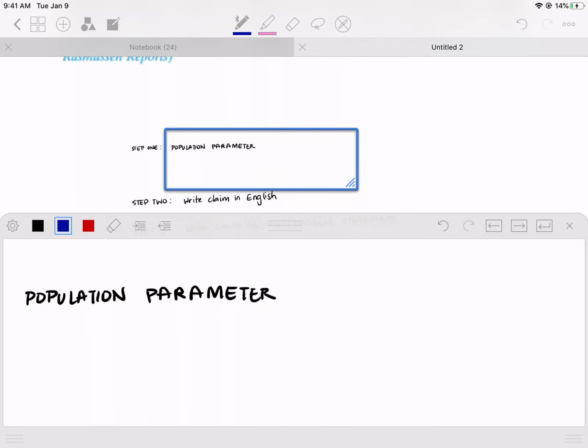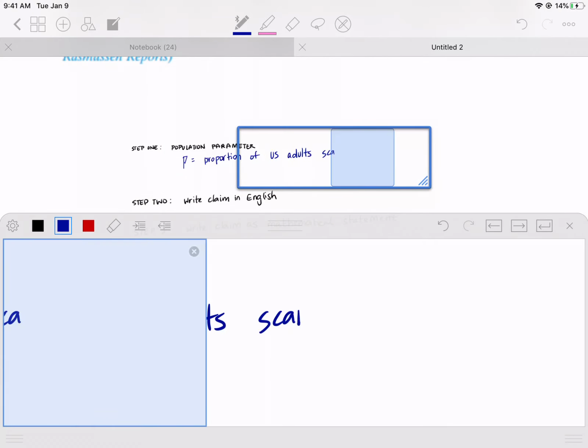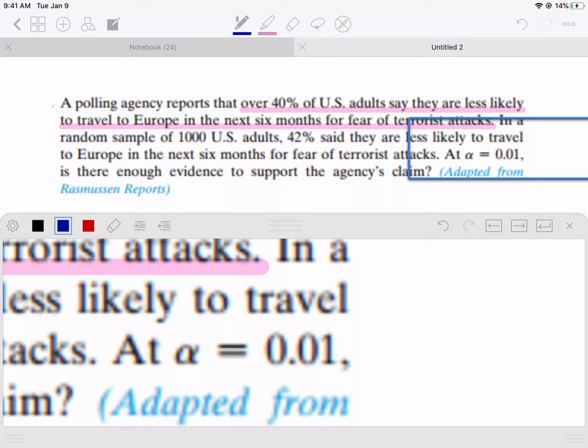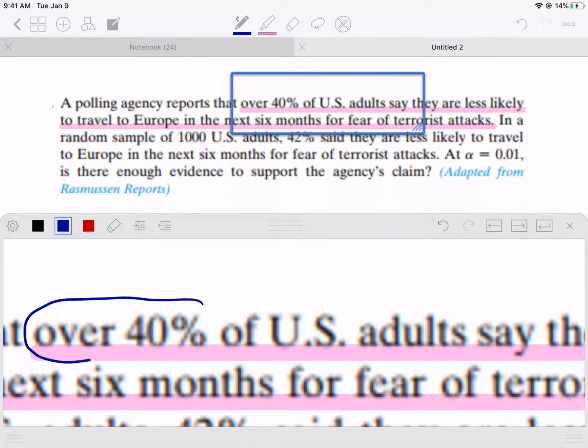And what is P? P is going to be equal to the proportion of U.S. adults scared to travel. Okay, what is the claim? The claim is that P is greater than 0.4. So this over 40% is saying that P is greater than 40%.